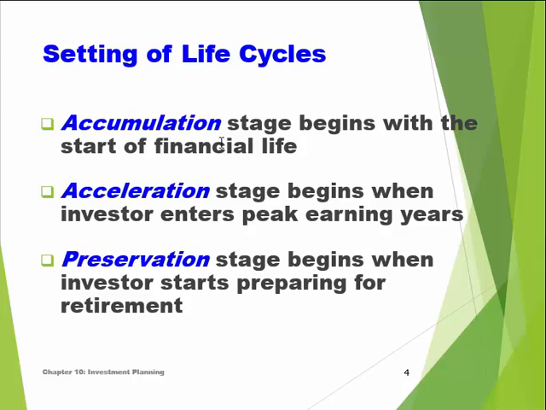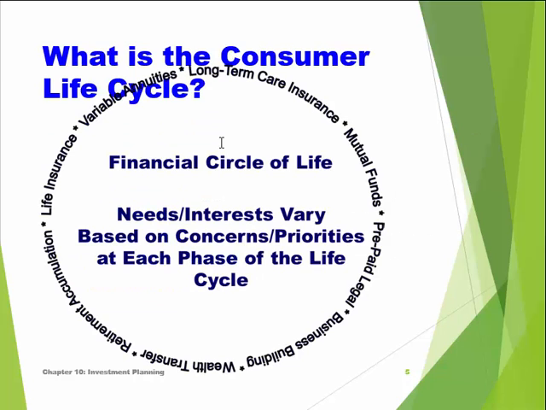And then finally, we'll talk about preservation. When we get to retirement, what are the things that are going to concern us most with respect to our objectives, etc. So this is something that's just referred to as the financial circle of life.